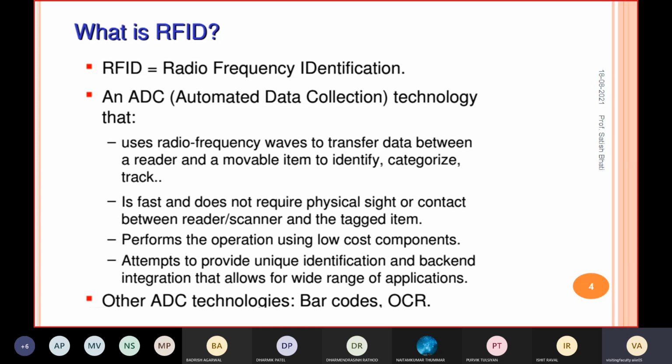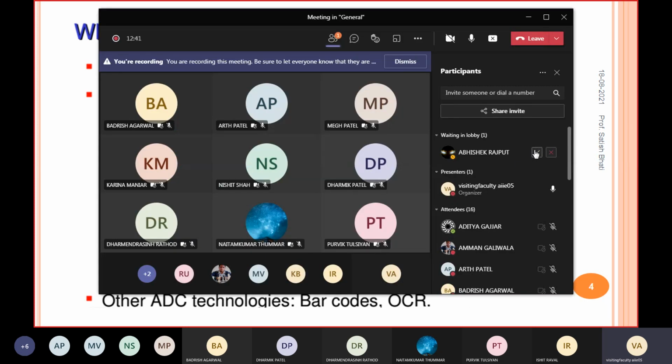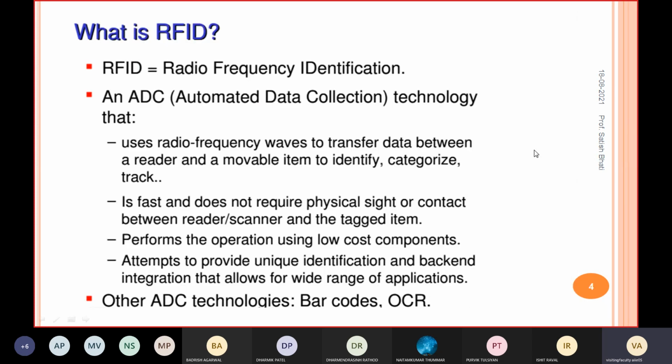Still your reader can read that tag, right? So there is no requirement of physical contact, and the tag and scanner need not be in the same line. I think that is the main advantage compared to the barcode identification system.